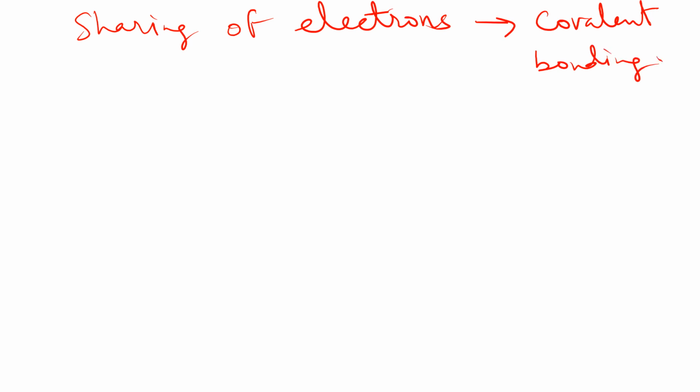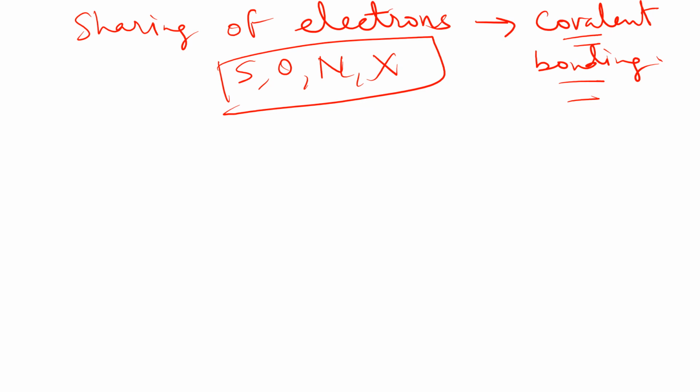Please check the video and learn about the different types of bonding. So carbon forms covalent bonds by sharing electrons with itself or with other elements like sulfur, oxygen, nitrogen, halogen. Now I'll start with hydrocarbons, the simplest organic compounds.